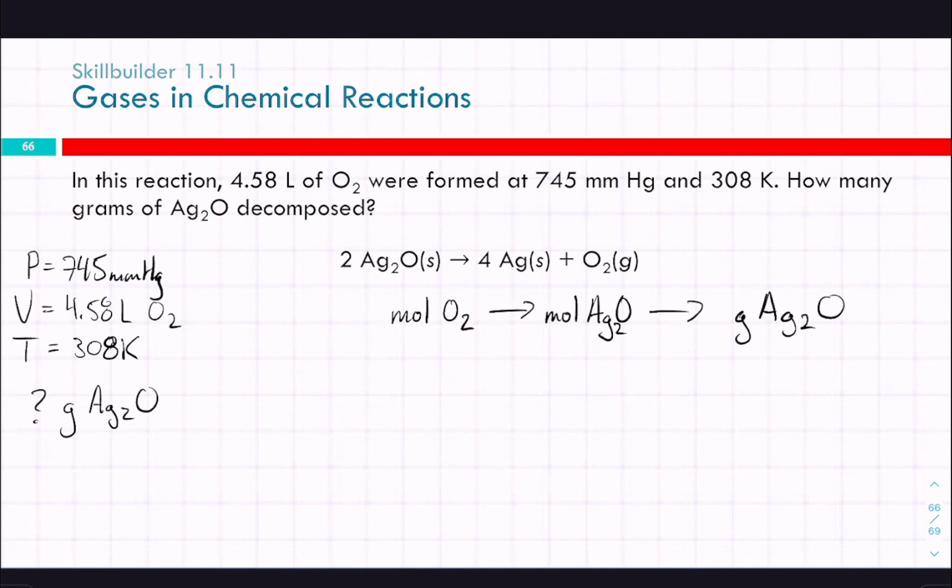Okay, so if we got the moles of oxygen, then we could solve this problem. So how do we get moles of oxygen? Molar mass would be useful, but we don't have the grams of oxygen.